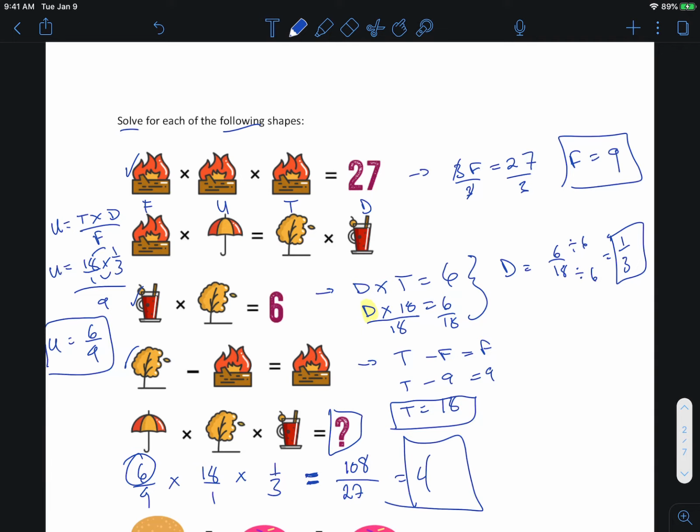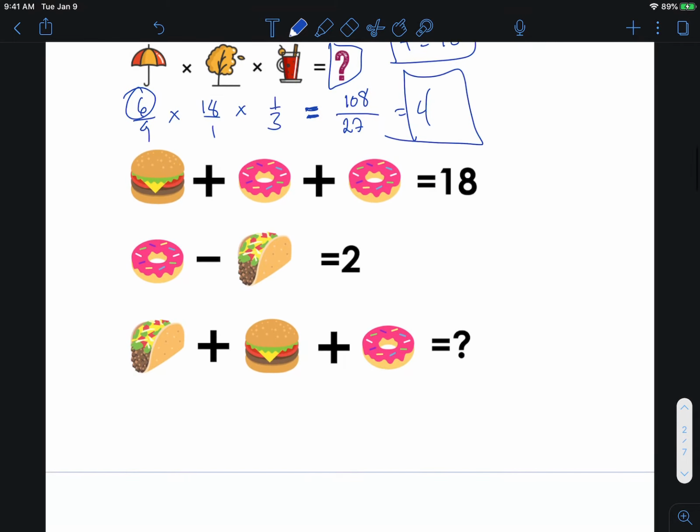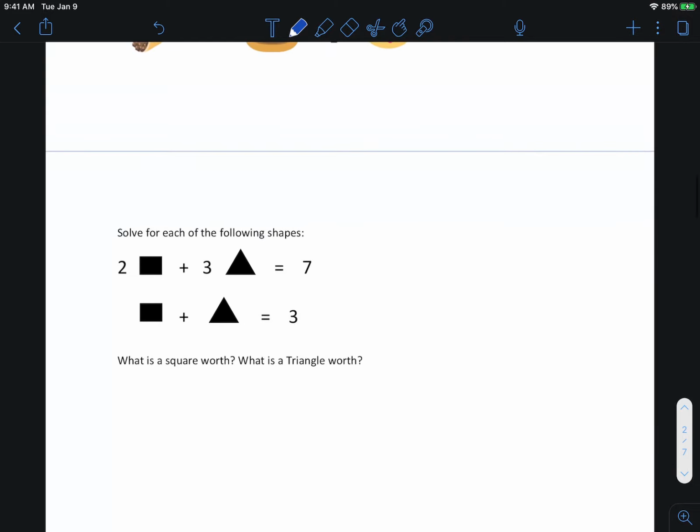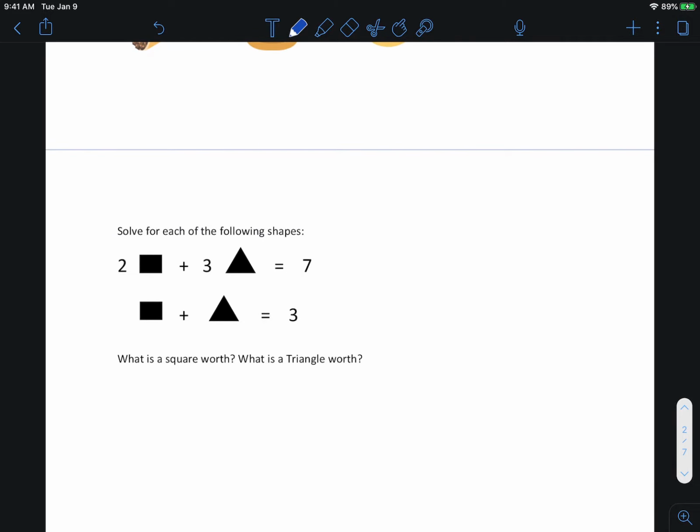Okay, so what I want to do now, I don't want to do the same thing again. If you turn the page over, I'm going to slowly ease you off of shapes and into variables. All I've done here is I've taken 2x plus 3y is equal to 7, and x plus y is equal to 3.